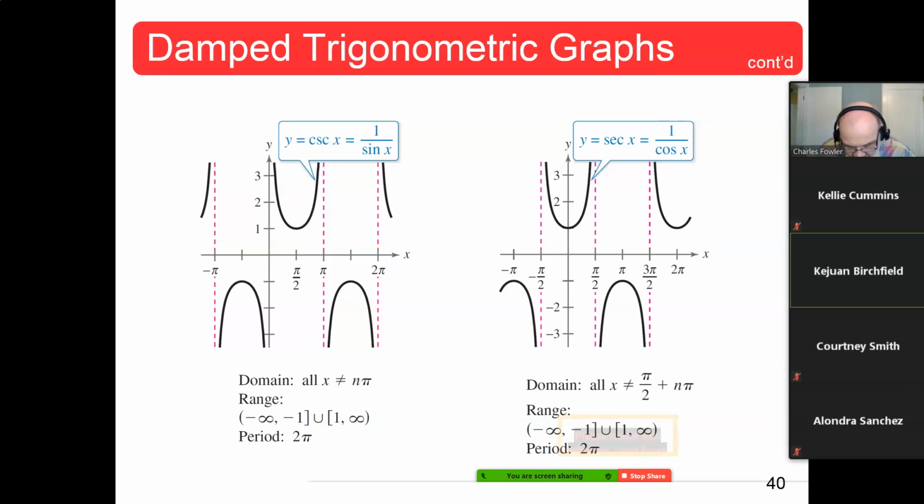Number 4, for the function f of x is equal to g of x times sine of x, g of x is called the blank factor. Damping, the damping factor. Okay, I don't know why I think in terms of cars here.